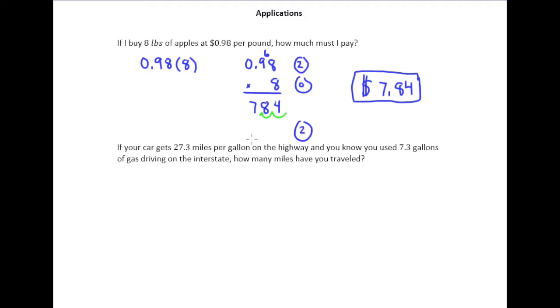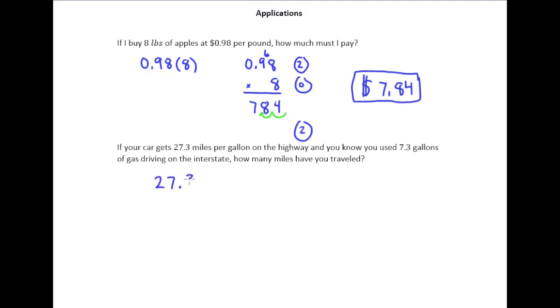Another example here is if your car gets 27.3 miles per gallon on the highway and you know you use 7.3 gallons of gas driving on the interstate, how many miles have you traveled? Okay, so you have this many miles per gallon. So it's kind of like in the last problem. We had dollars per pound.